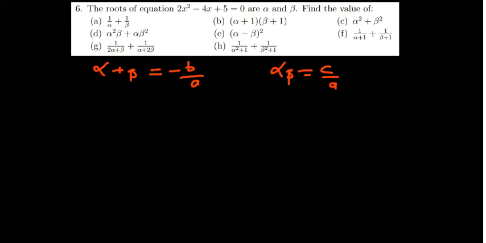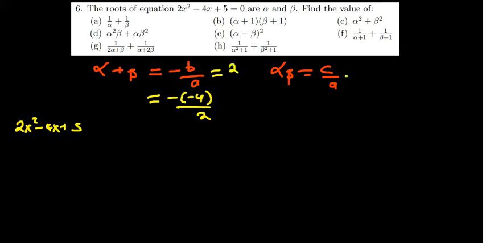So negative b over a, what is our b over our equation? Is negative 4. Remember our equation is 2x squared minus 4x plus 5. So b is negative 4, our a is 2. So therefore our answer becomes 2, I believe.